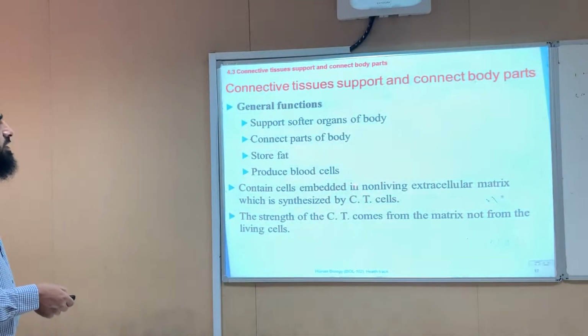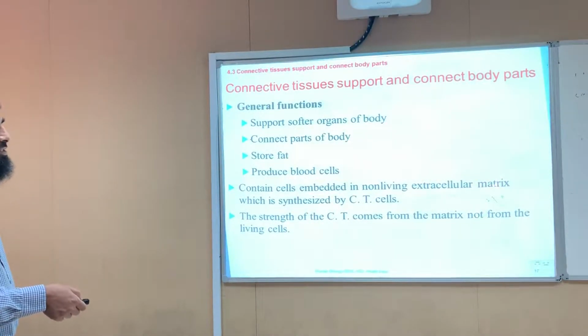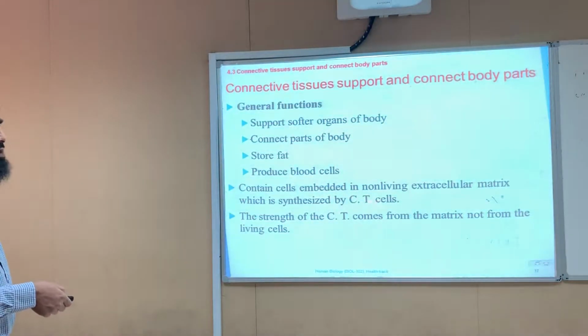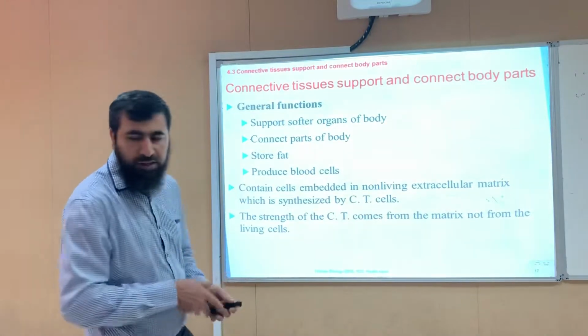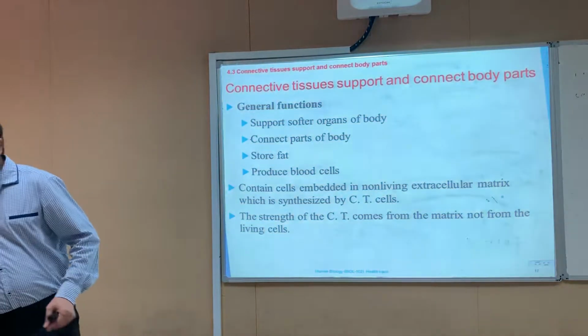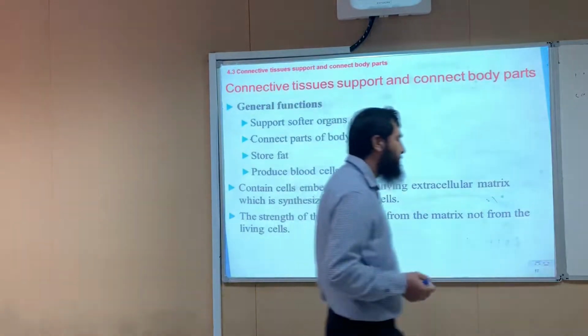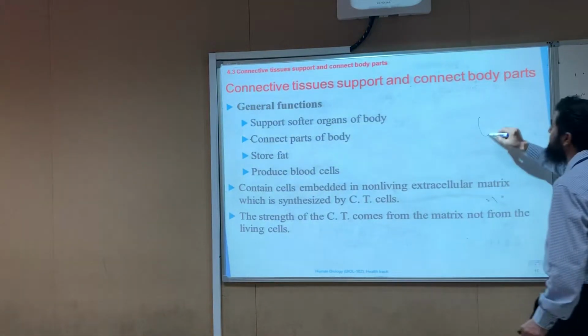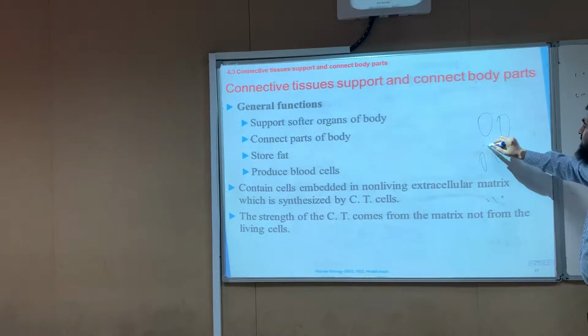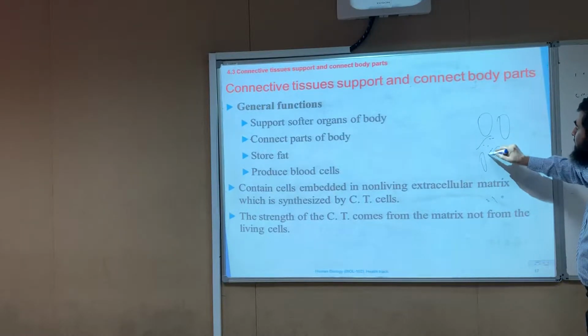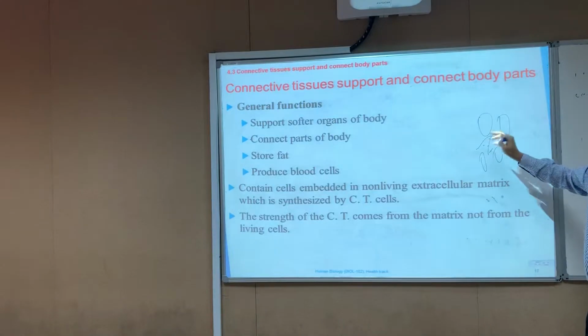So in connective tissue we find cells which are embedded in the extracellular matrix, which is non-living, okay? And this is synthesized by the connective tissue cells, all right? So remember, in terms of connective tissue, you've got the cells, and whatever's on the outside has fibers and other proteins and carbohydrates and water.